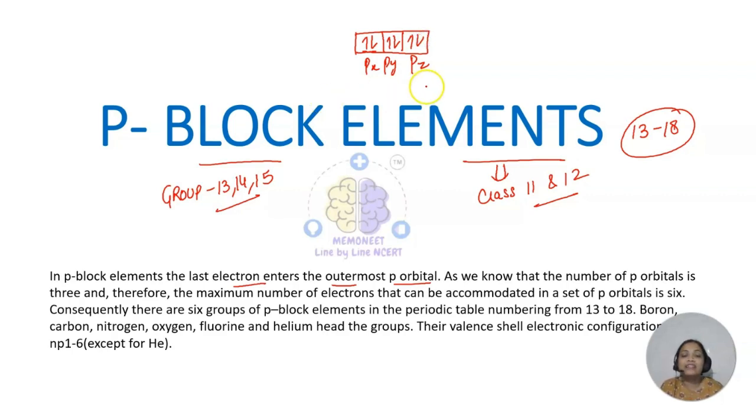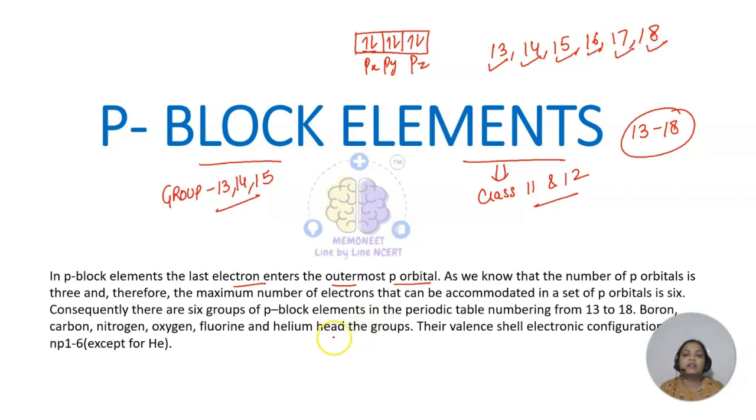Alright, so that is why there are 6 groups of p block elements starting from 13, 14, 15, 16, 17 and 18. And you know the first members are boron, carbon, nitrogen, oxygen, fluorine and helium.